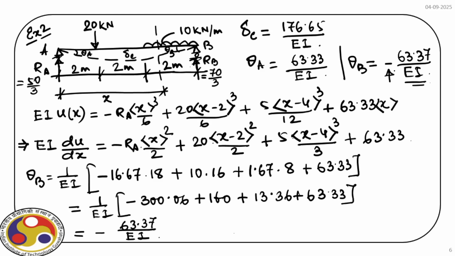So these two examples clearly show us how to apply Macaulay's method when we have a beam with general loading. We have a combination of point load or patch load, or maybe a combination of different point loads. We can easily adopt this method using Macaulay's bracket, and we can solve for the complete beam.